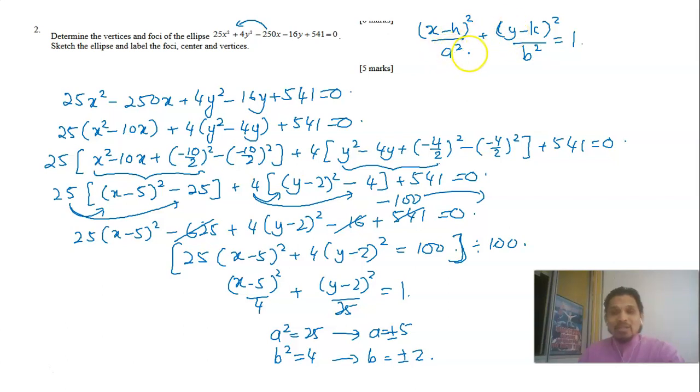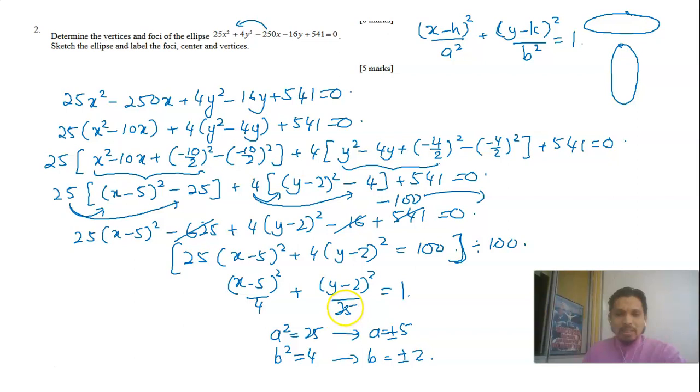And when a is always greater than b, then a will be major. So if a is under x, then x will be the major axis, and you will get a horizontal ellipse. Or if a is under y, then y becomes the major axis, and you will get a vertical ellipse. So that's different. Right now, I stated my version where a is always greater than b.